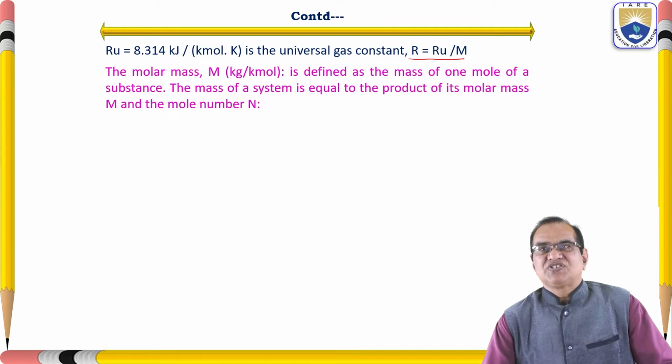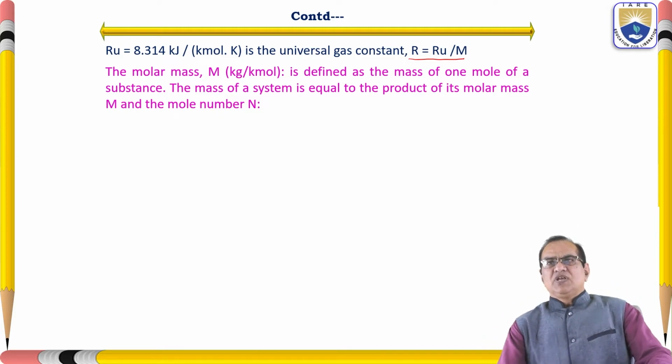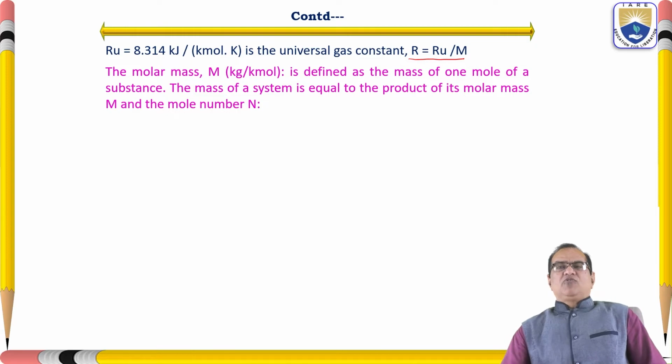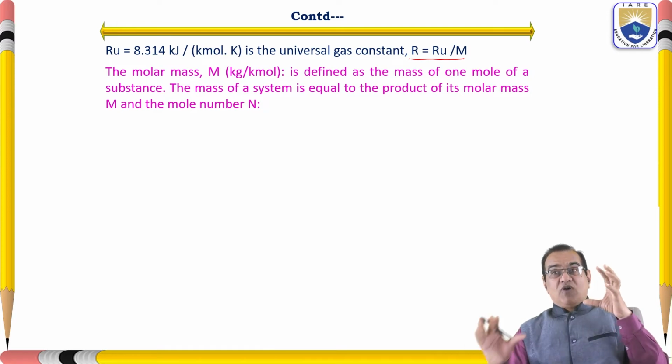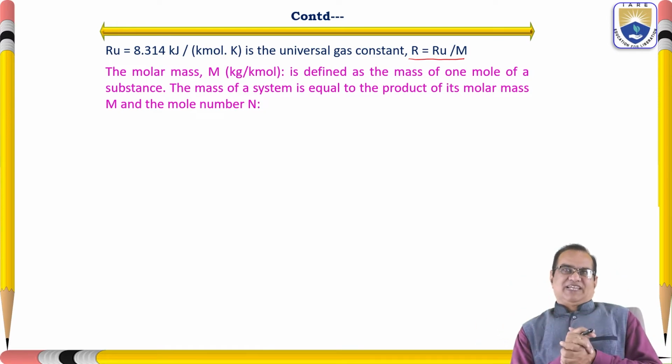The mass of a system is equal to the product of its molecular mass M and the mole number N. So this molecular mass is defined as the mass of 1 mole of a substance. Meaning for 1 mole, what is the mass of that thing?